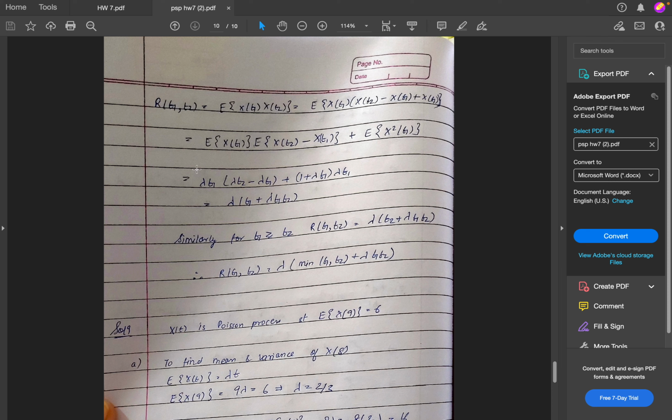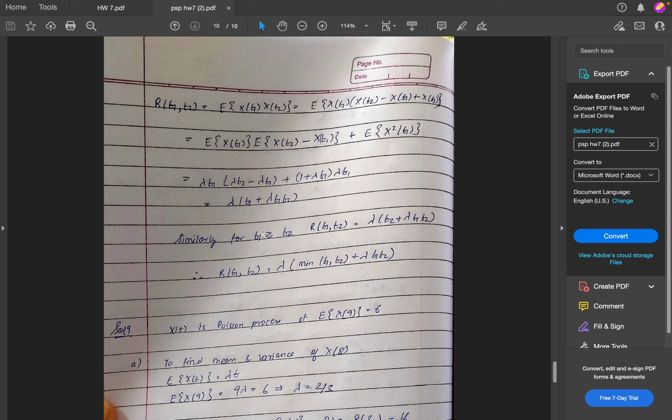Now following the same for the case when t1 is greater than or equal to t2, we'll get R(t1, t2) as lambda t2 plus lambda square t1 t2. So we know from the above two that in both cases we have lambda times whichever is the minimum of t1 and t2.